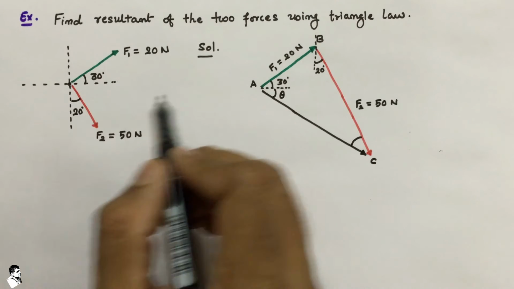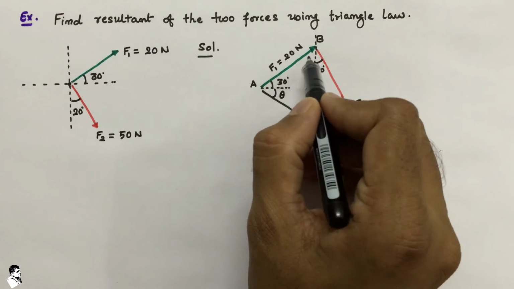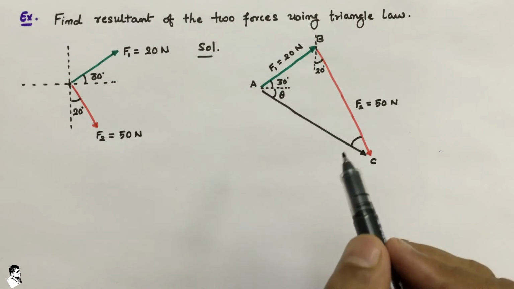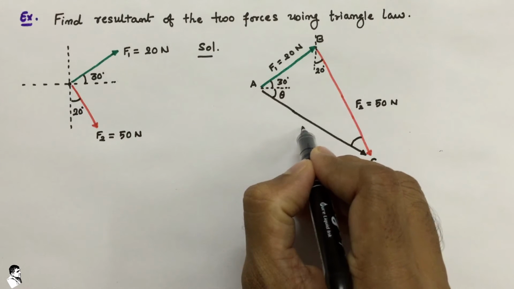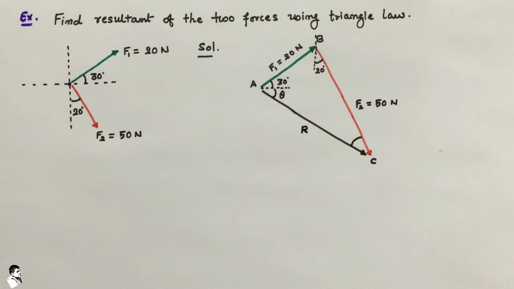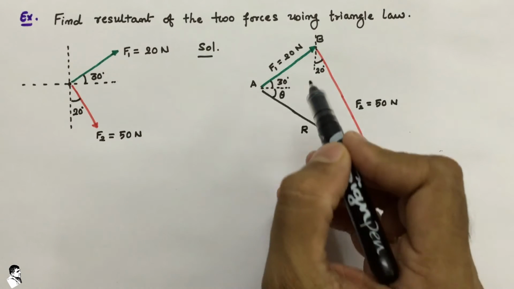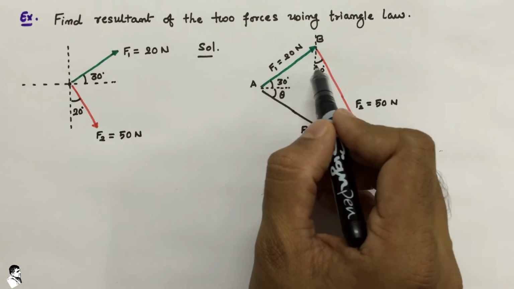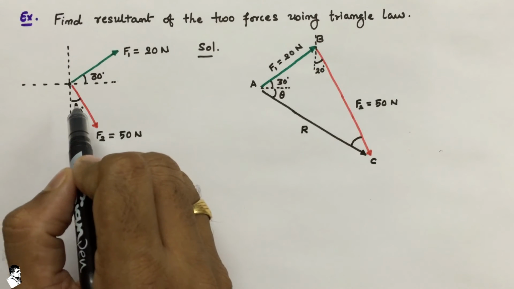So the angle that it will make with this is required to be found now. If we consider this third, closing line as the resultant, the angle that is produced at this location is required to be found.